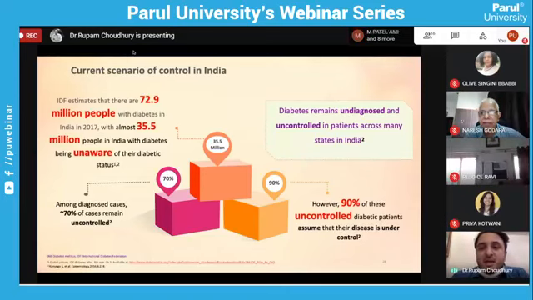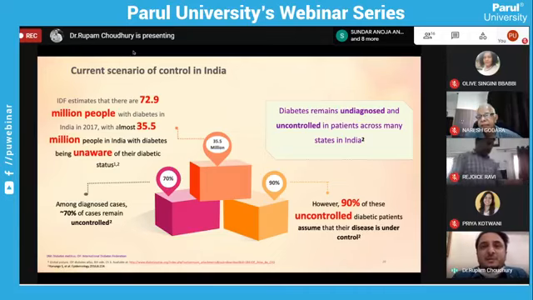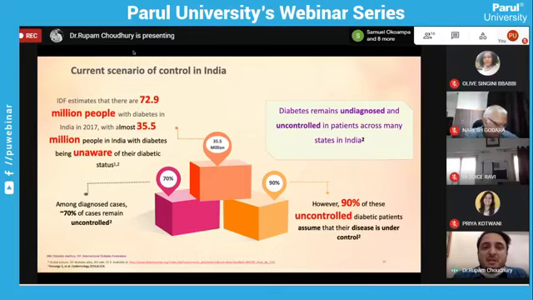Diabetes remains undiagnosed and uncontrolled in patients across many states in India. There is the latest data from last year: the average HbA1c in the entire diabetic population of India is 8.5, whereas we have a target of below 7% to prevent complications, but it is looking very difficult to bring all those patients to optimum glycemic control HbA1c levels.